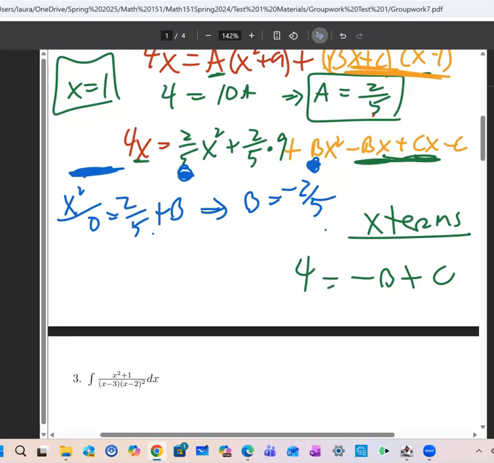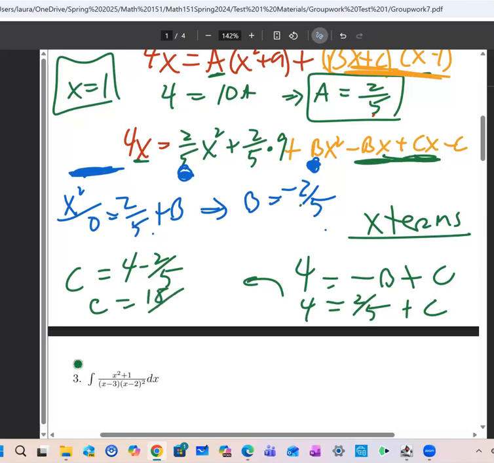Okay, so I get 4, and I'm going to put the B in, so that would give me positive 2/5 plus C. So then adding that, C is equal to 4 minus 2/5. Fractions are your friends, right? So I get 18 over 5. I think that's right.